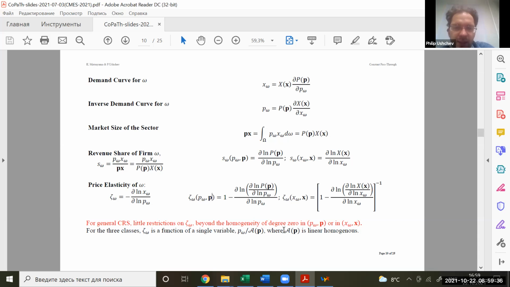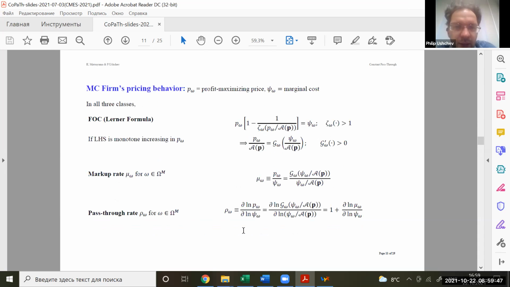And the demand elasticity only depends on this normalized or relative price, which is the own price over the price aggregator. Okay, so this is just a textbook Lerner formula because we assume monopolistic competition.